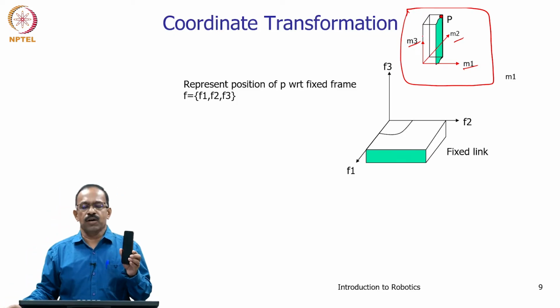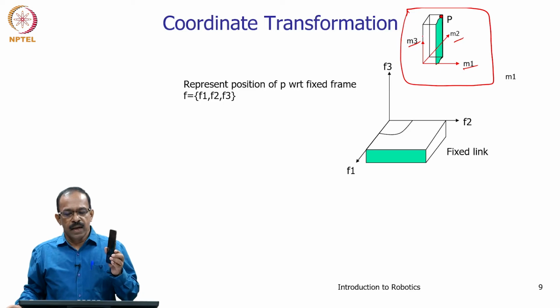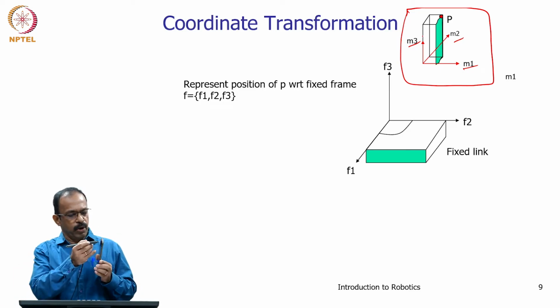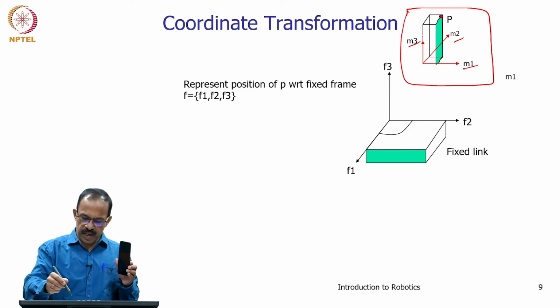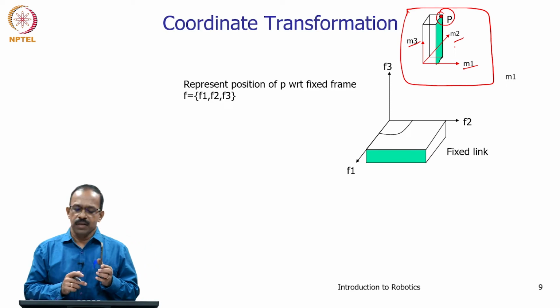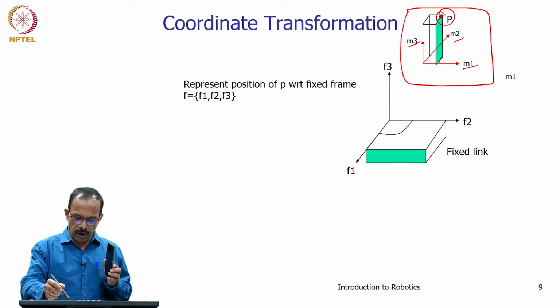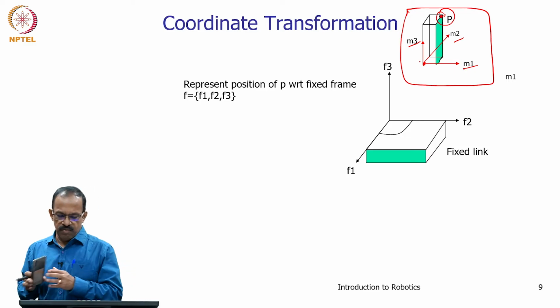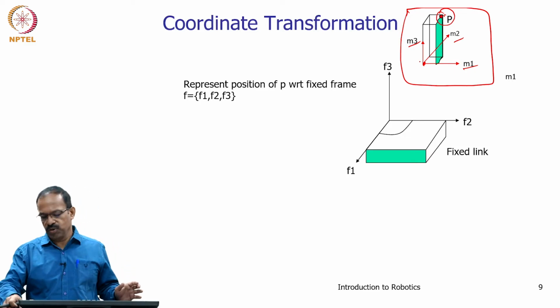And as you can see, I define a point p at one corner. This is the origin of the coordinate frame, and m1, m2, m3 are the axes of this coordinate frame.